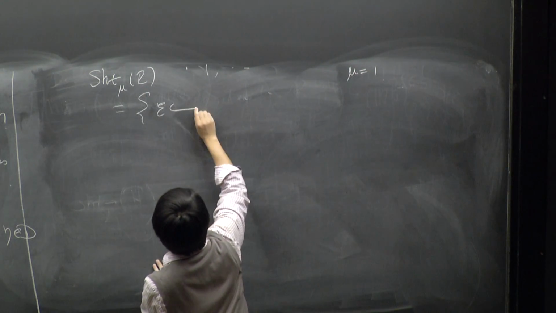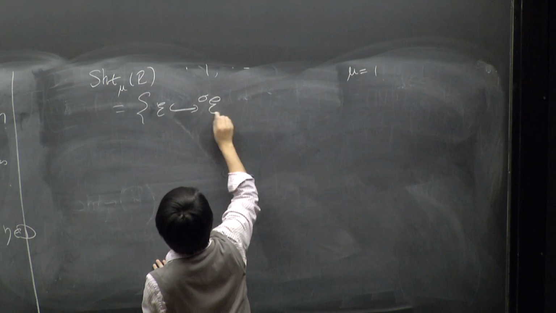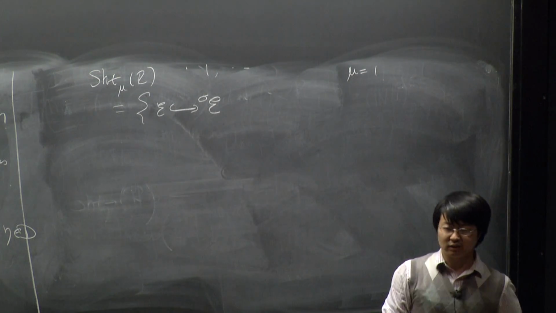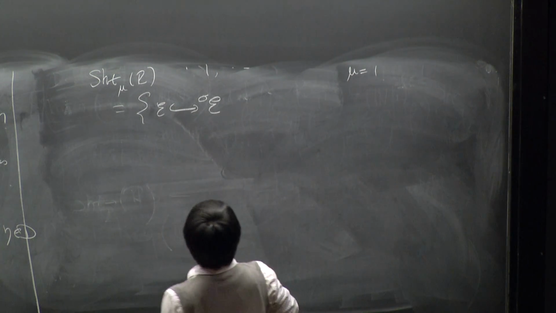It's just those corresponding to E, and an embedding of E to sigma E, such that the quotient is one-dimensional.